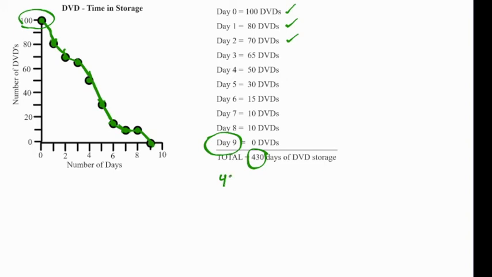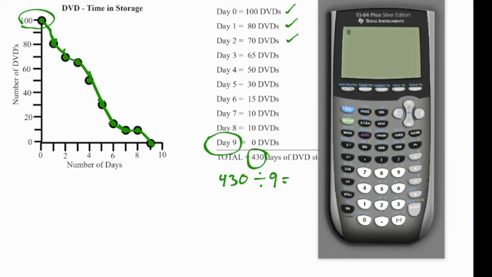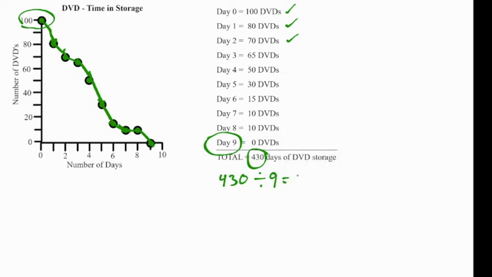So if we take the 430 and divide by 9, we get 47.7 repeated. So we'll say about 48 DVDs were being stored for that course of time. We started with 100 and we're at 48.